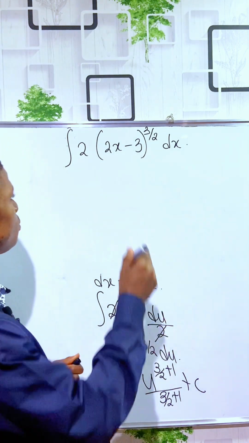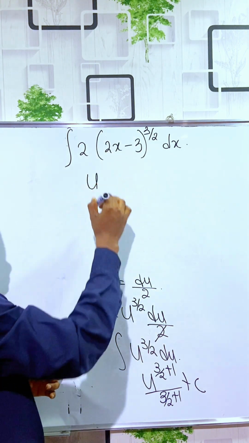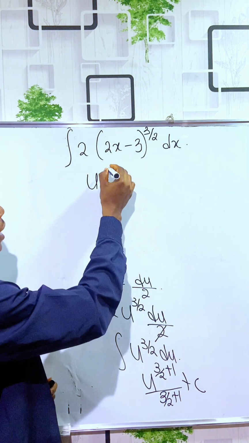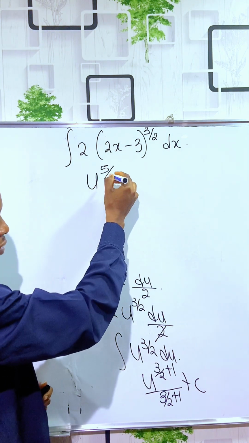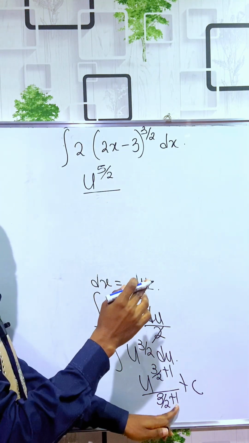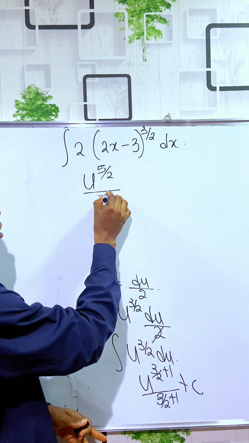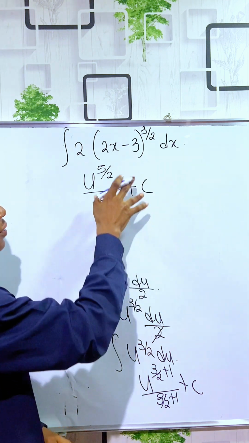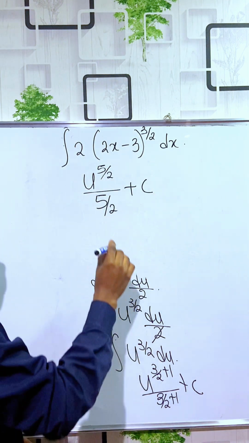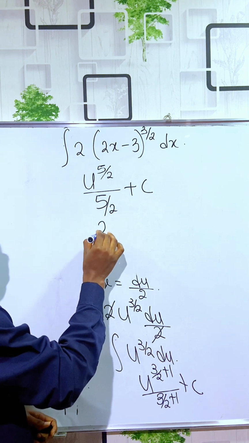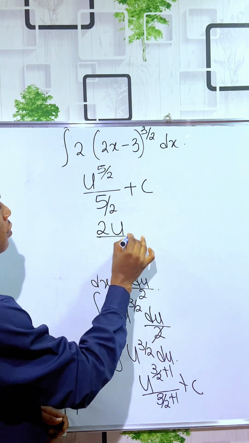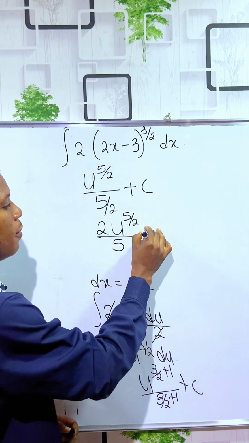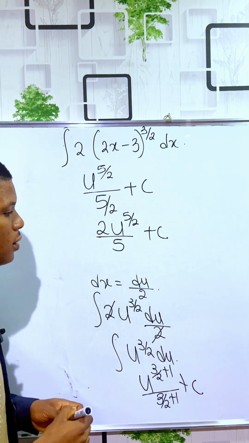Here, if you add 3 over 2 to 1, you are getting the new power to be 5 over 2. Then plus c. If you simplify this function more, you can see you're having it to be 2u to the power 5 over 2, all over 5, plus the constant of integration.